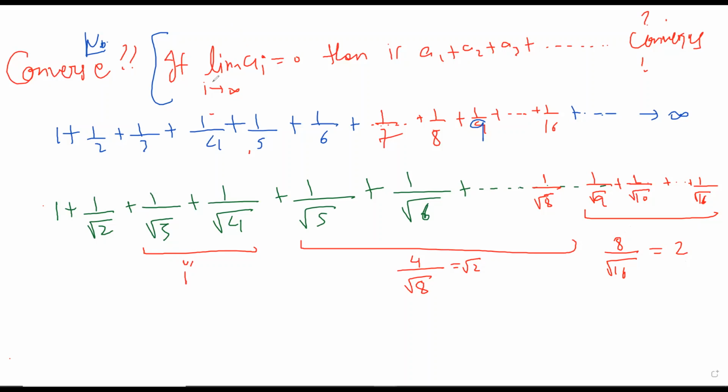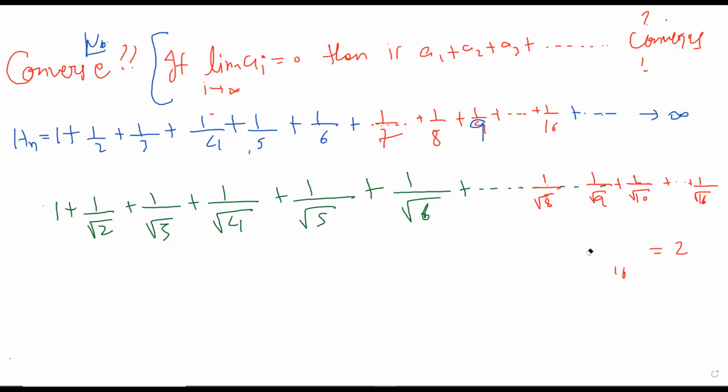But here we will see that there is an easier way to do this. The standard way is to just compare it with a series that diverges, the series Hn. Compare the terms: 1 and 1 by root 2. 1 by root 2 is bigger than 1 by 2.